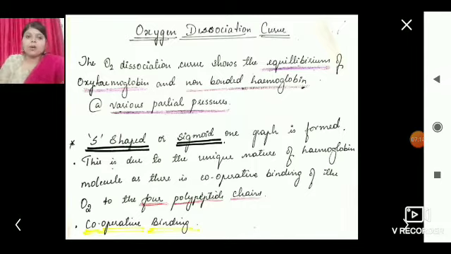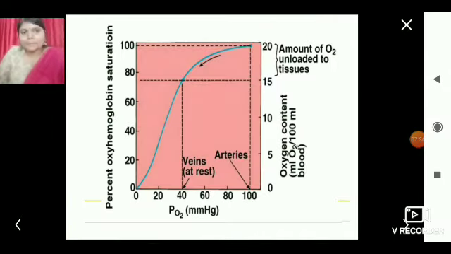Because hemoglobin has 4 polypeptide chains, 4 molecules of oxygen need to bind to the hemoglobin molecule. So the first one makes the way for other oxygen molecules to bind faster. That is the cooperative binding.